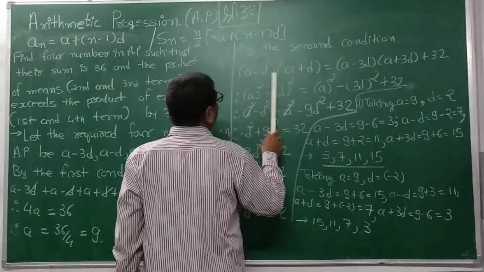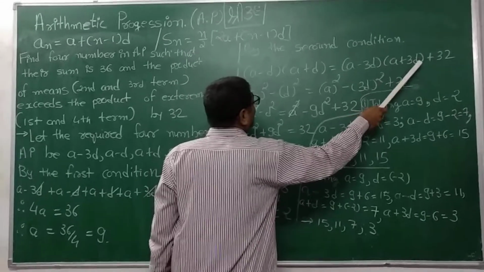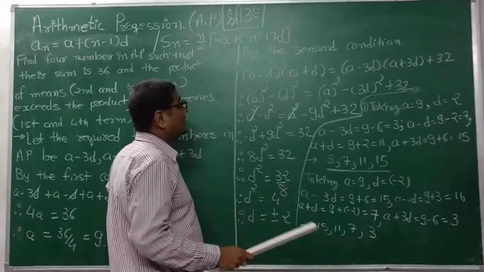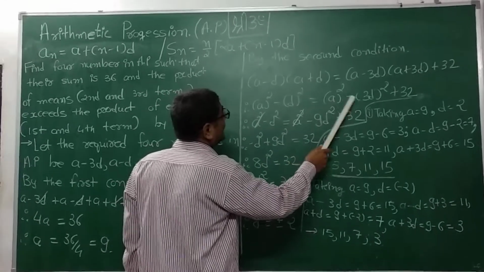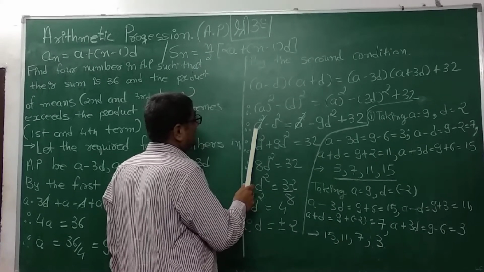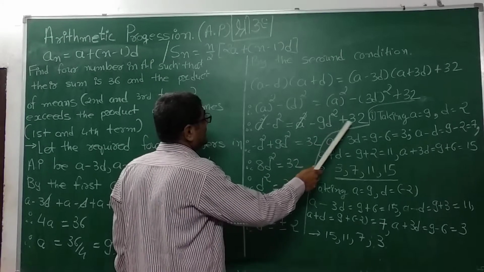So that is (a minus d)(a plus d) is equal to (a minus 3d)(a plus 3d) plus 32. We are using the difference of squares here: a square minus d square is equal to a square minus 9d square plus 32.